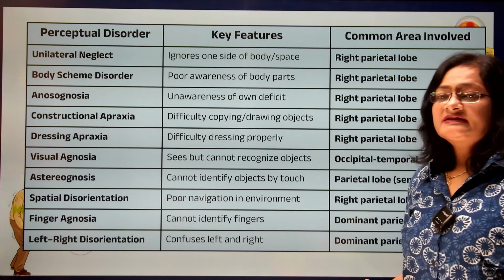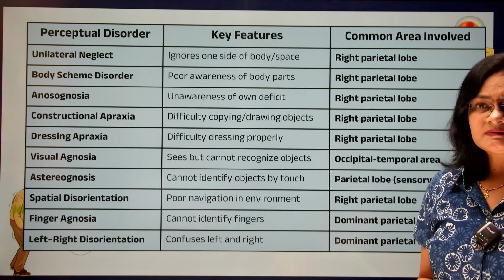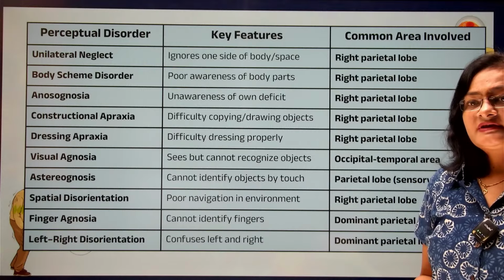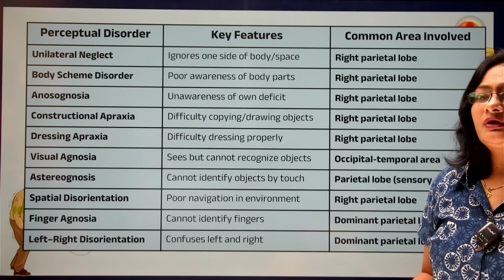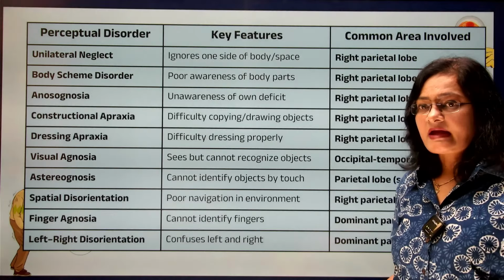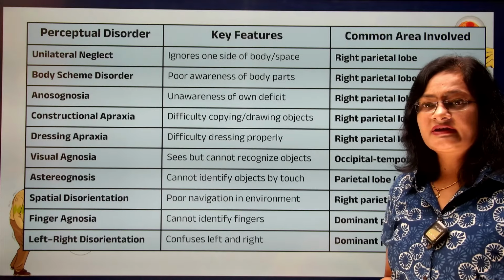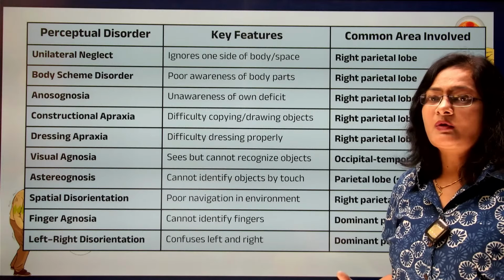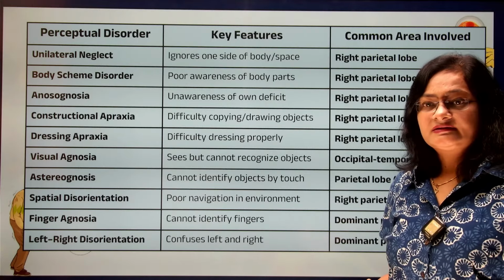Then body scheme disorder: in this there is poor awareness of the body parts. Anosognosia: the patient will be unaware of their own deficit, meaning the patient will overestimate their capabilities and will have denial or lack of awareness about their own deficit.